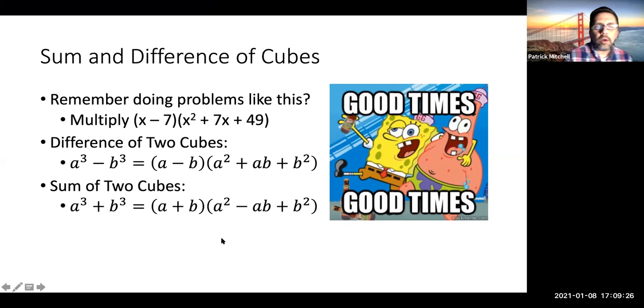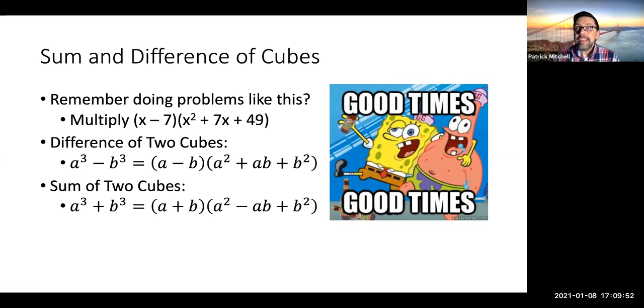So it turns out that not only can you factor the difference of two cubes, and here is the pattern. Whenever you have anything in the form a cubed minus b cubed, it factors into a minus b times a squared plus ab plus b squared. And sometimes I like to read this as aa, ab, bb.